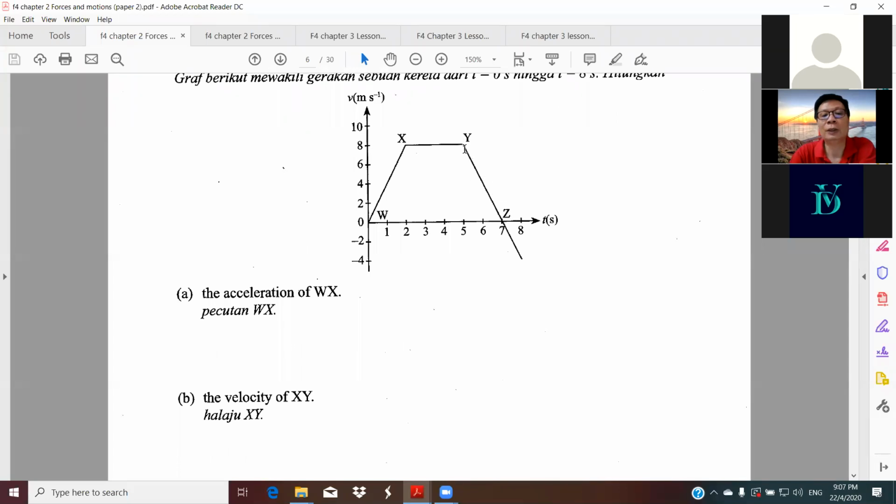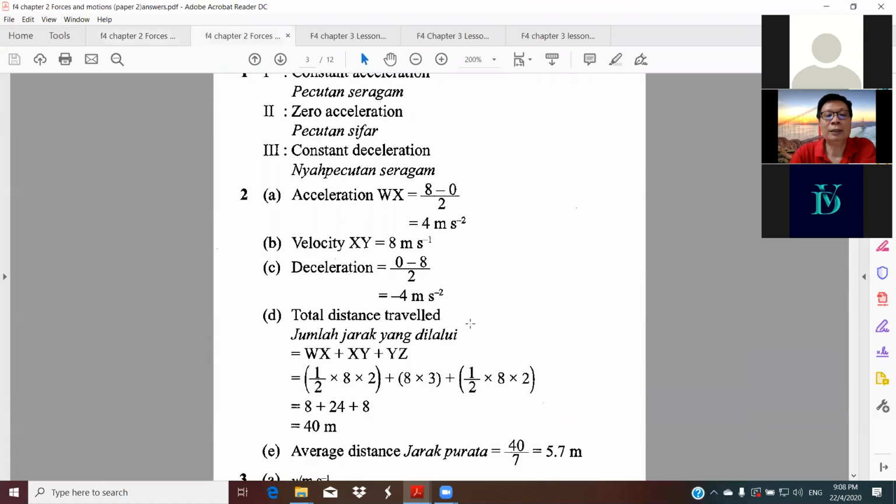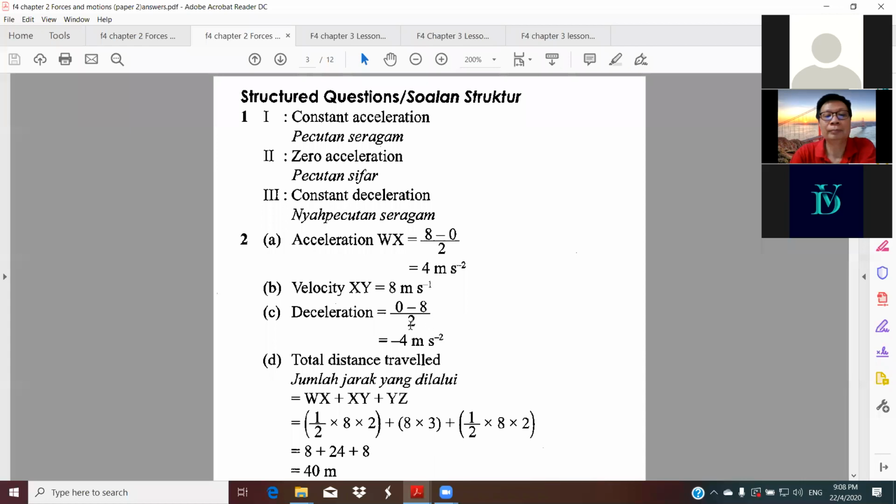Same thing again, now find the gradient. 8 minus 0 here, 7 minus 5. So 0 minus 8 divided by 2, you get the answer negative 4.